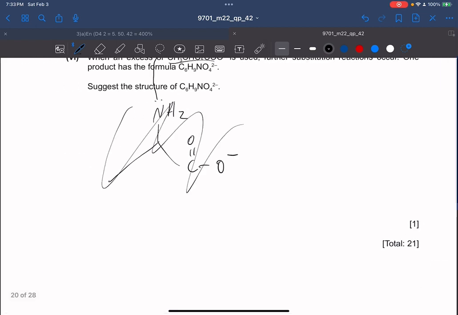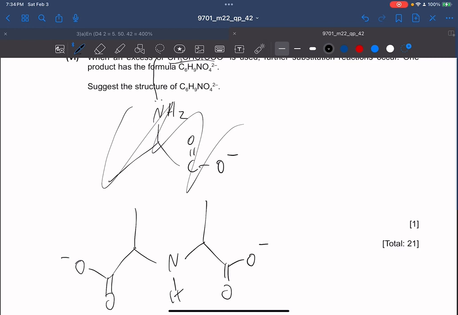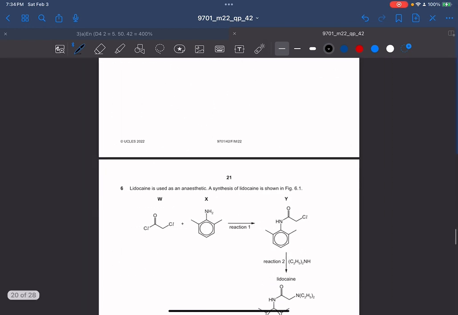And then how should I draw this? I can draw this out. So minus, and then we have NH here. Sorry, this is a really ugly drawing. Let me fix it up a little. So NH, then it's going to react again. That is what it's going to look like.